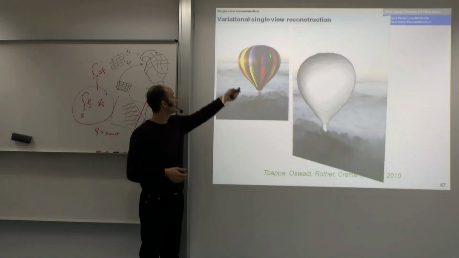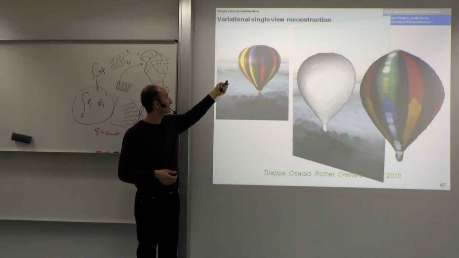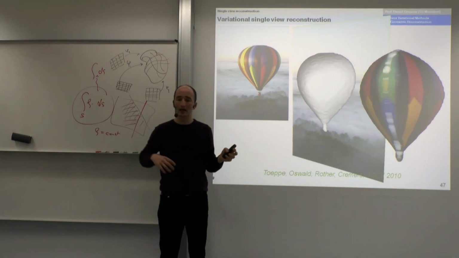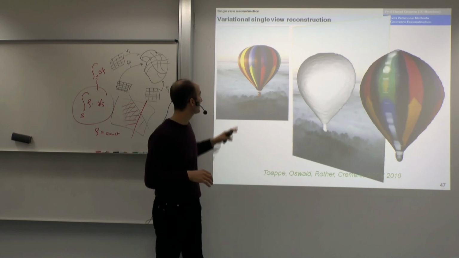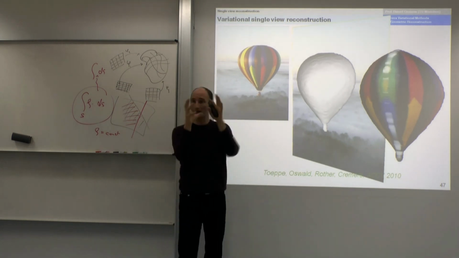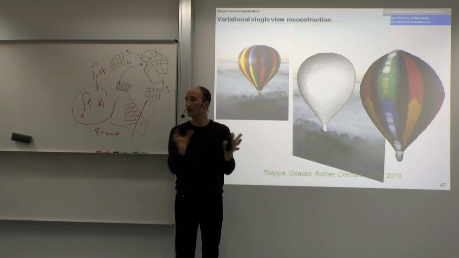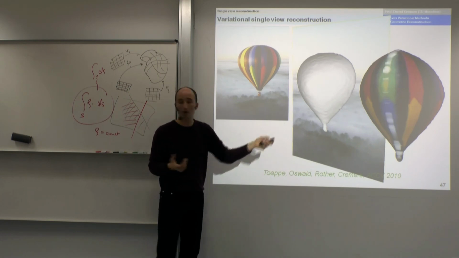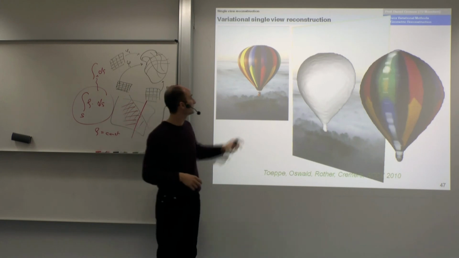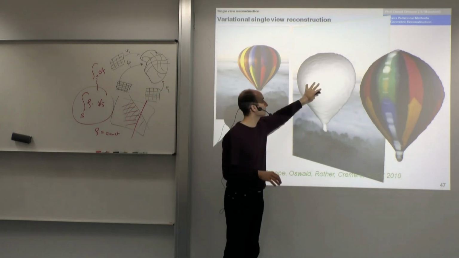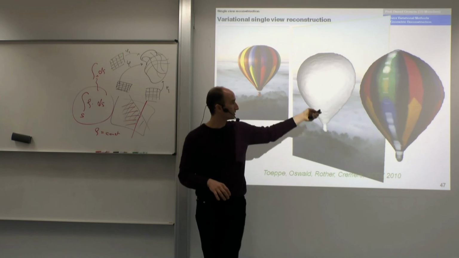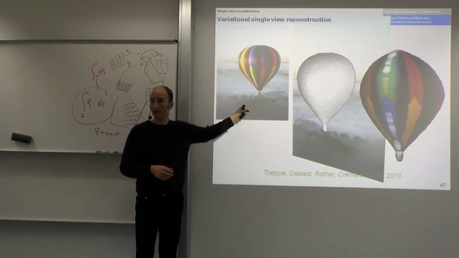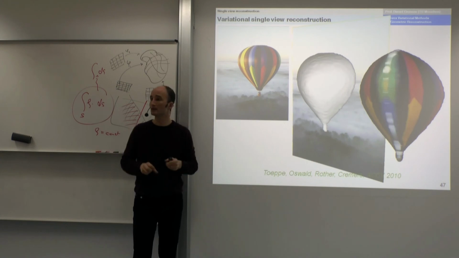So this is an image where we extract the silhouette automatically, and the analogy to this problem is that we place a balloon inside the silhouette and we blow air into it, right? And so what you get is these blobby kind of reconstructions, and then we take the texture from the image and project it back onto the geometry, and what we can create is novel views of that one object seen from very different vantage points.